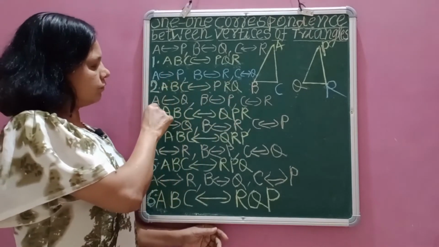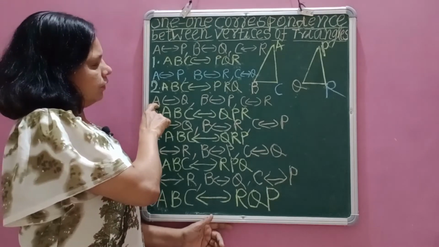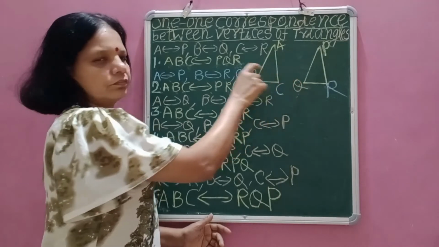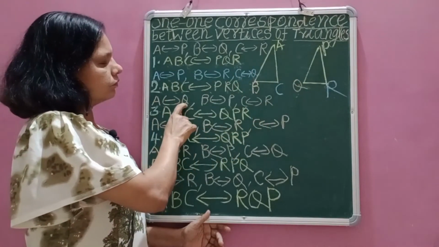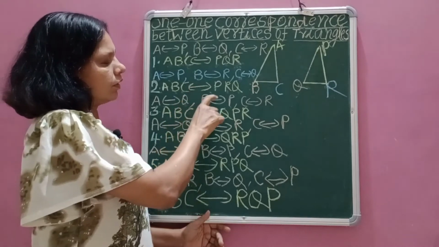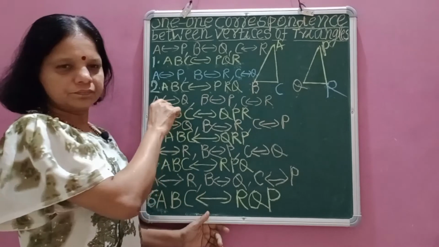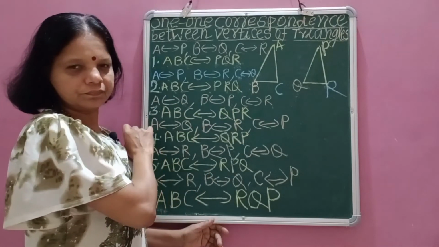Now the third possibility. Take the second vertex. A corresponds to Q, then B corresponds to P, and C corresponds to R. So altogether ABC corresponds to QPR.